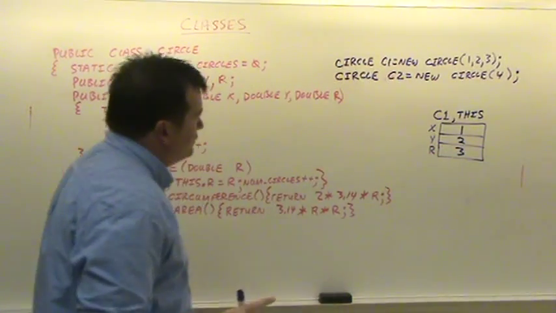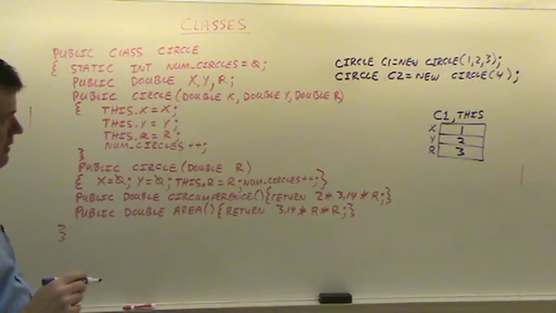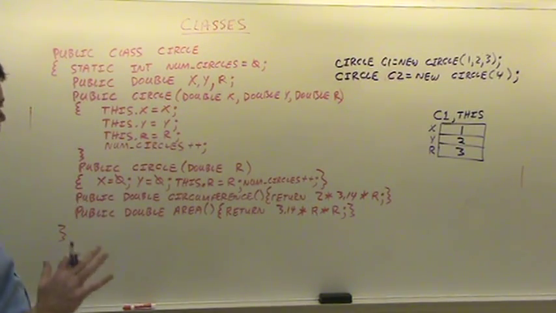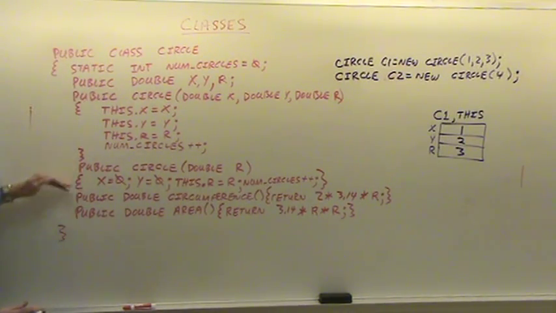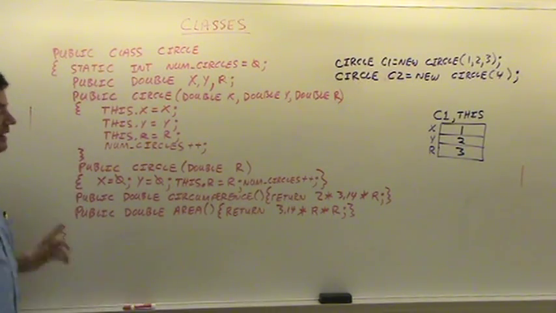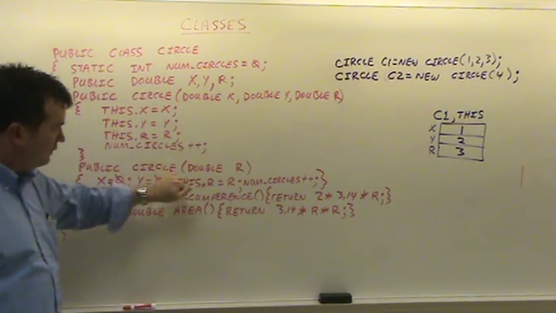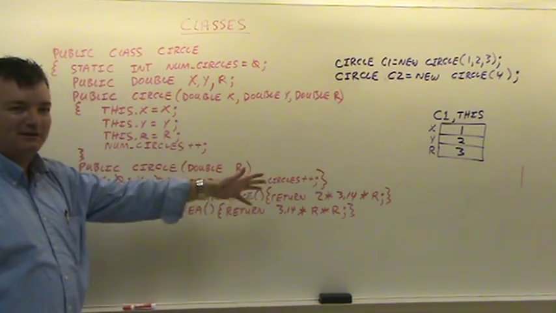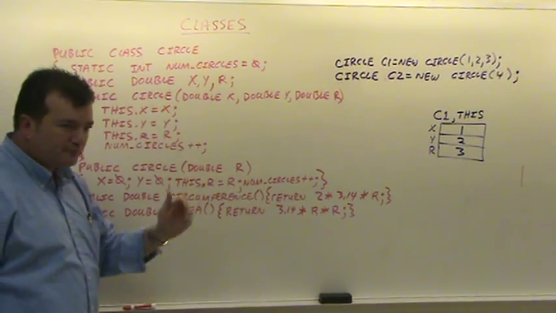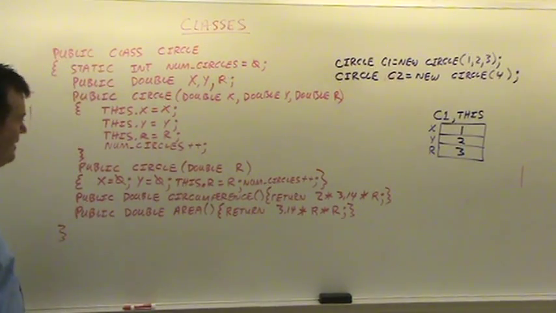Now I'm calling circle with one parameter. Okay, so now the question is, out of all the circles we have, and if you think about it, we could actually write infinitely many circles, as long as the parameter list is something different, something unique. We can write as many as we want.